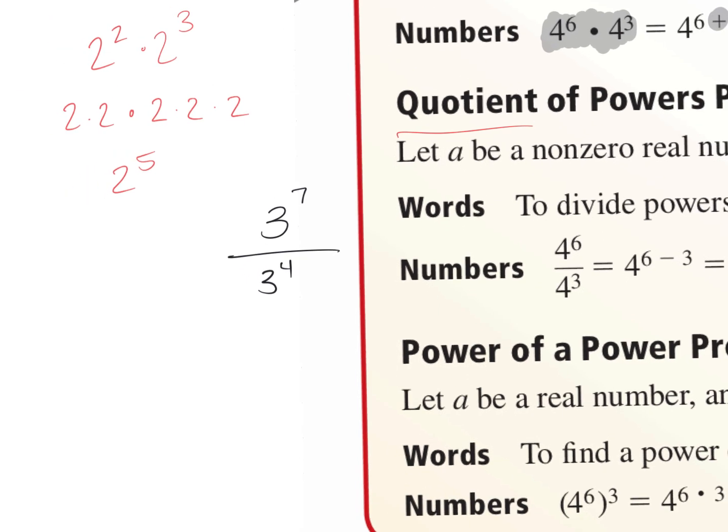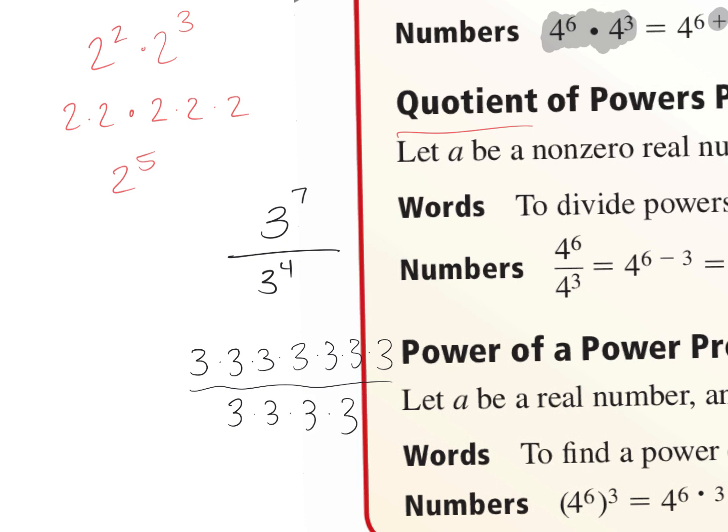What is 3 to the 7th? 3 times 3 times 3. How many times? 7. So write all 7 out. I hope that's 7. Is that 7? Yes. Okay. And it's over how many 3's on the bottom? 4 of them. So 3 times 3 times 3 times 3.